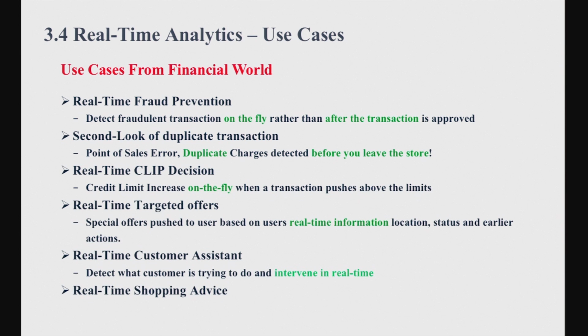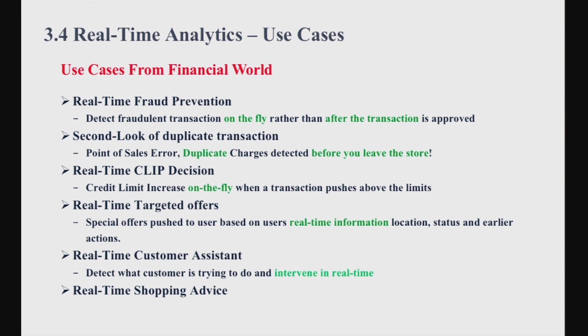If the customer detects it themselves and calls back to say that's not my transaction, somebody posted it fraudulently, then they will flag it. But the problem is that it's too late, it's already happened. It's too costly and too expensive to fix something which already happened, and sometimes you may not be able to recover the money.